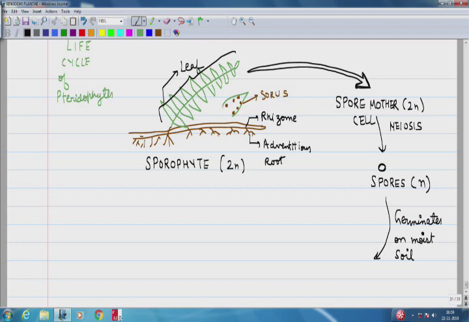After they germinate, they give rise to a thallus-like structure called prothallus.